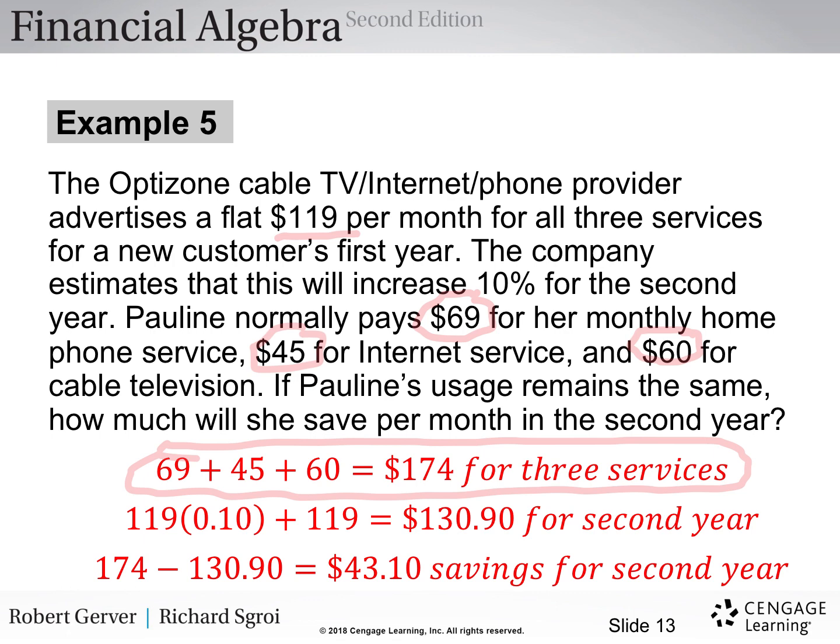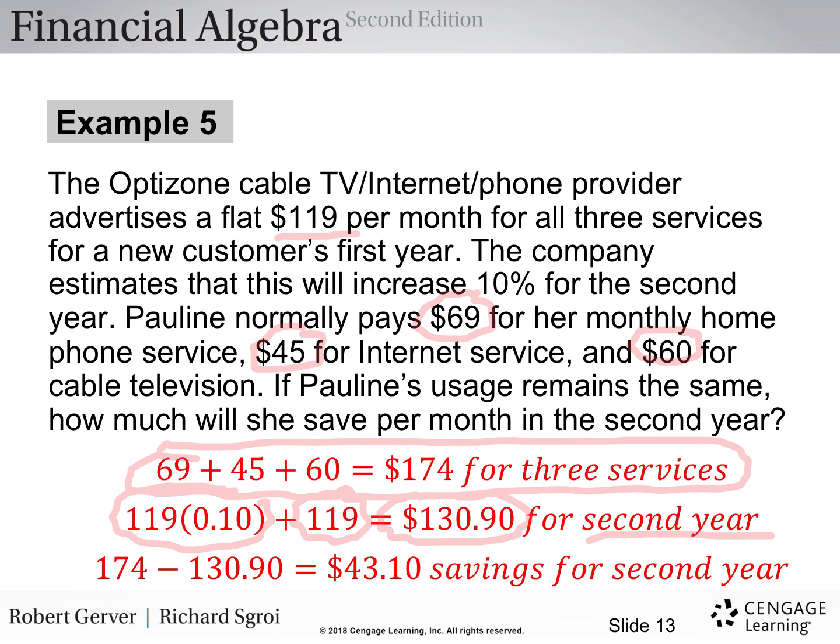The company estimates that this will increase 10% for the second year. So therefore, you'll get $119 per month plus 10% of $119, or $130.90 for the second year, okay? So they're going to increase it the second year by 10%, but it's still only $130.90.